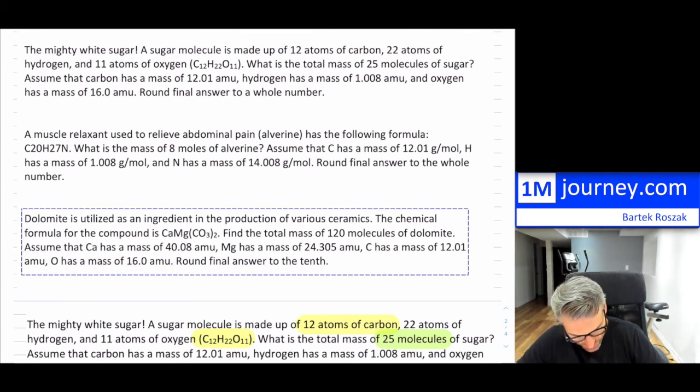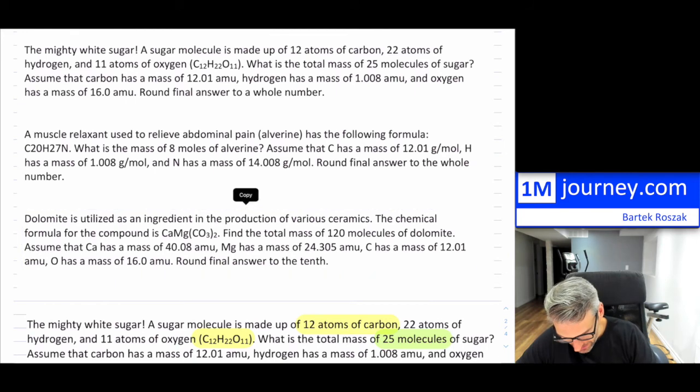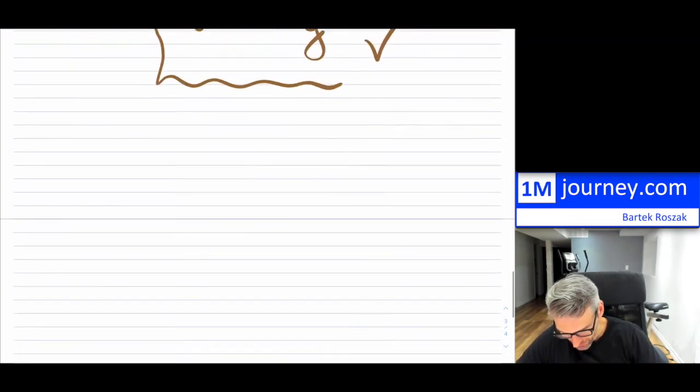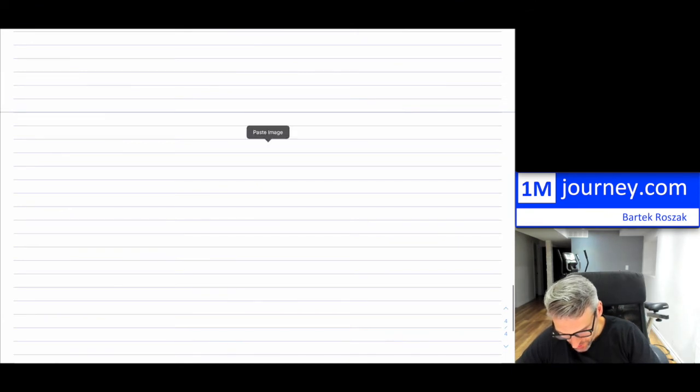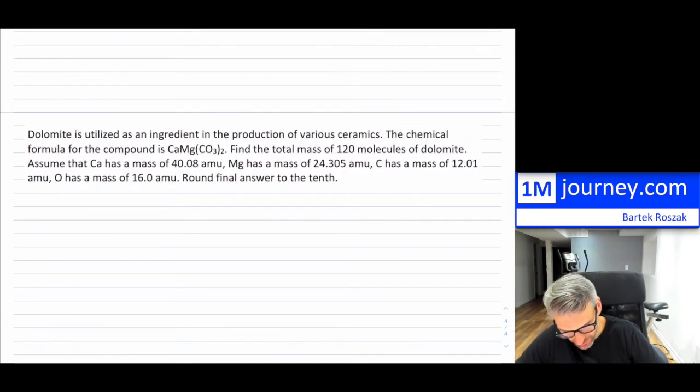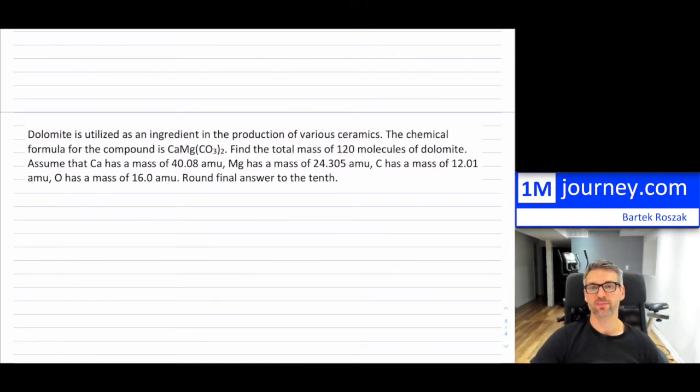I guess it's also used in glass, I think even brick. So maybe this is a question from engineering or something like that, but it doesn't matter. We shouldn't be fearful of these types of questions where we're asked to compute the mass.